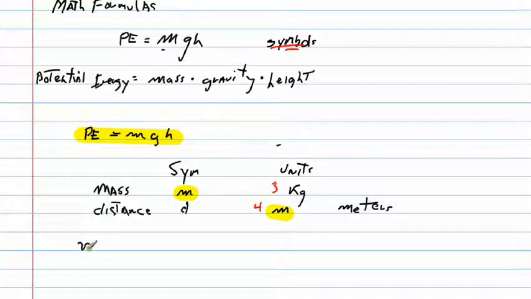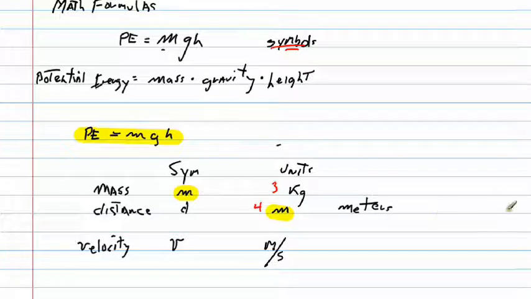Velocity, as you can see, has a V in front of it. And its symbol was a V. But its units were meters per second.